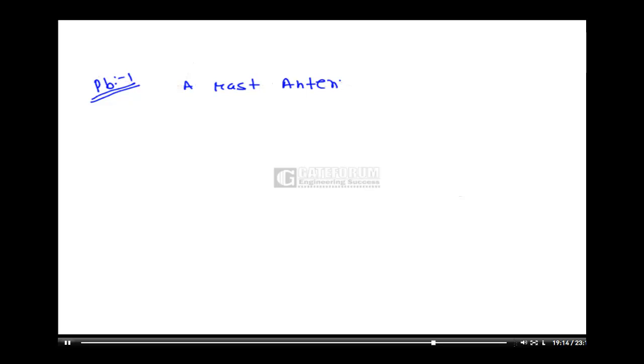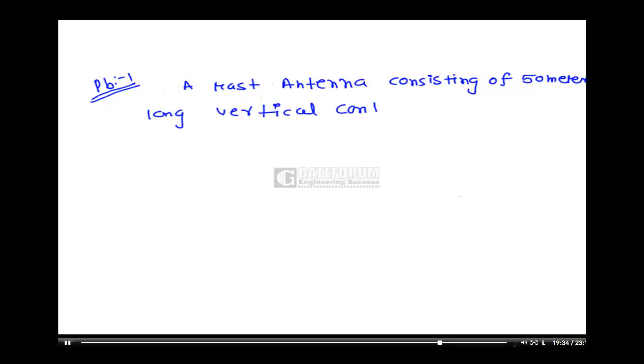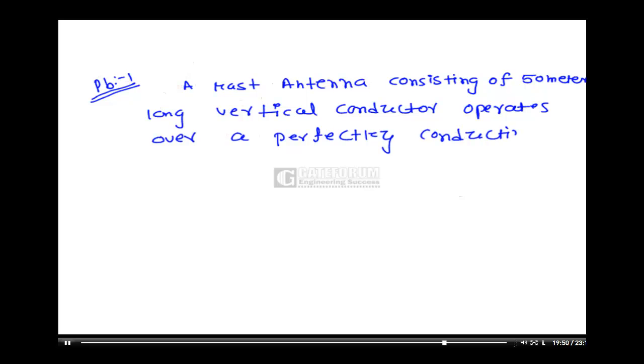This is a kind of antenna consisting of a 50-meter long vertical conductor, operating over a perfectly conducting ground plane.